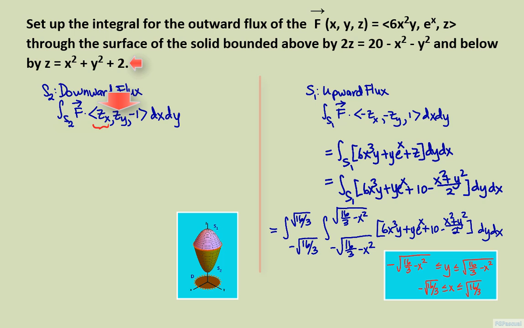Z sub x is equal to 2x. Z sub y is equal to 2y. The dot product of F with a normal vector should be equal to 12x cubed y plus 2y times e to the x power and minus z.